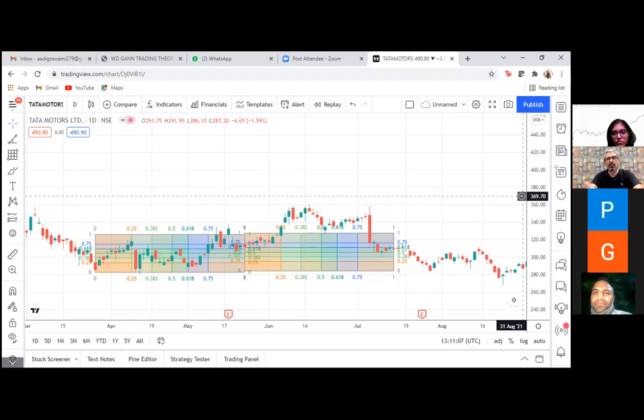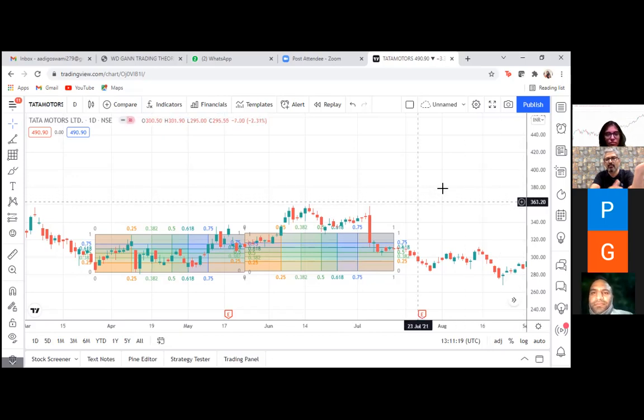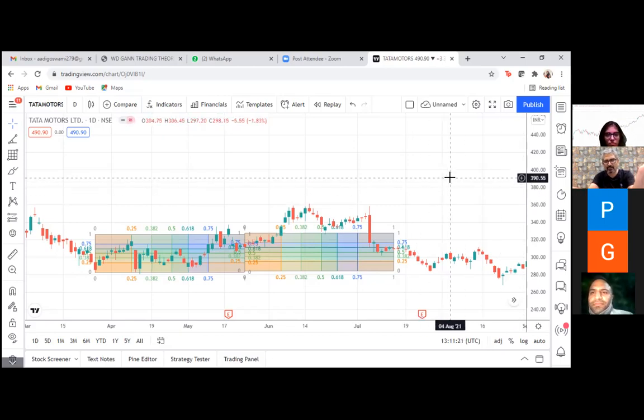Because if we say both the boxes should represent symmetrical representation of the price movement, so जो left side का है वहां जो 0.25 पे high दिखा रहा है पहले box का, that should match with the high of 0.75 of the other box, तभी वो symmetry बनेगी.